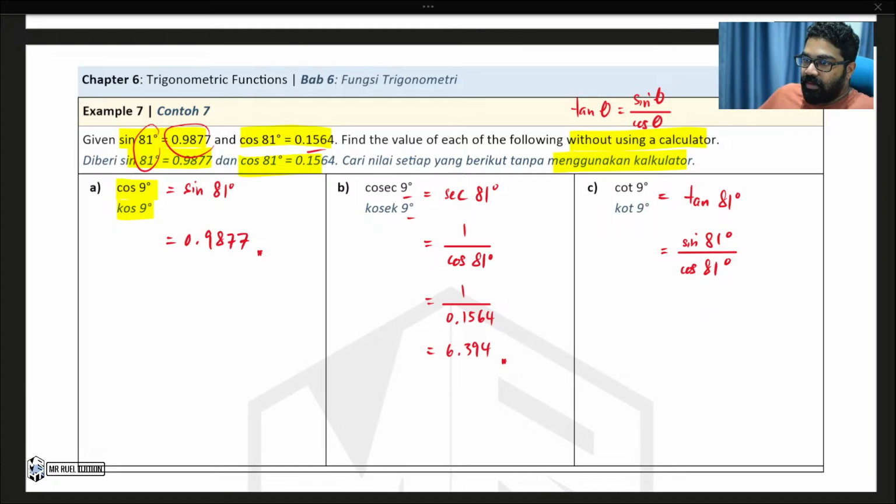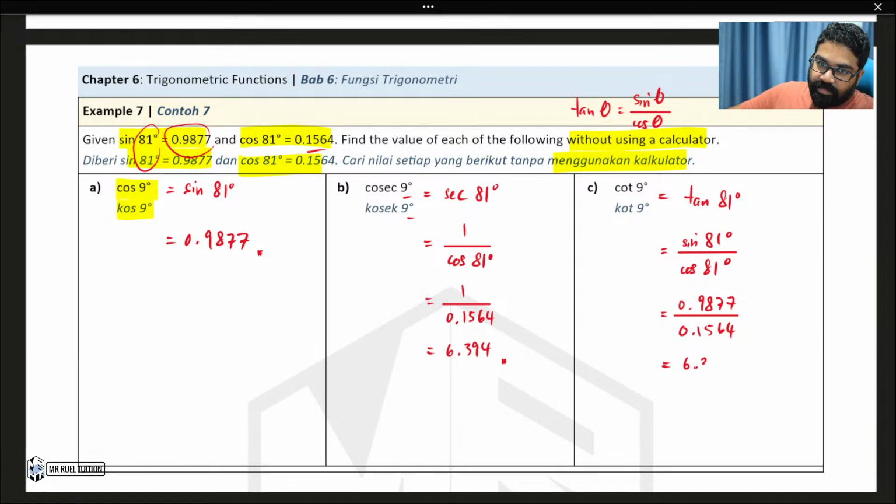Okay. So nilai dia, use the values lah. Sin 81 is 0.9877 bahagi dengan divided by 0.1564. So nilai dia, value here, now you can use your calculator of course. 6.31.